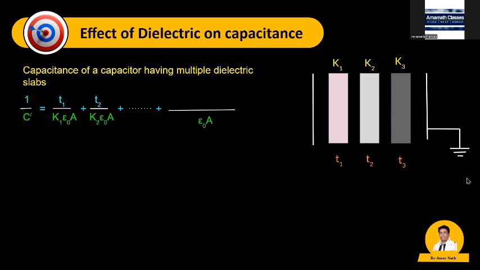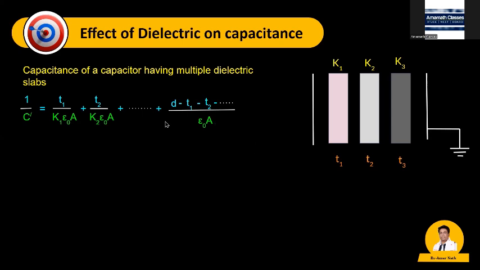You see, the total distance is D. So D minus T1 plus T2 plus T3, like that. Because the air gap will be the total distance minus the dielectric distance. So it will be D minus T1 minus T2 minus T3 and so on. As many dielectric slabs as we have, we have to subtract those only.